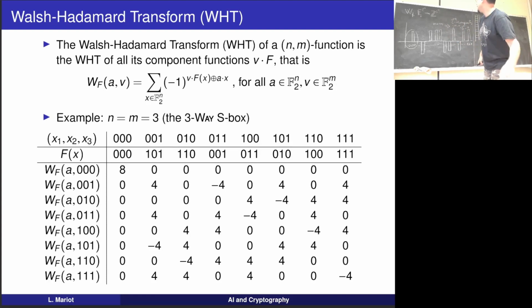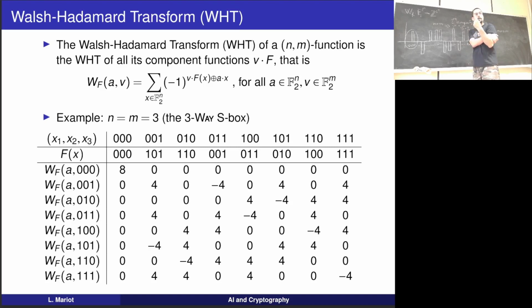In this case, we are excluding the null vector, because that would be trivial if you compute the Walsh transform in that case. So we compute the nonlinearity using the same formula as for Boolean functions for each component of our Sbox, and then we take the minimum. And this minimum will be the nonlinearity of the whole Sbox. So the nonlinearity is basically computed in the worst case.